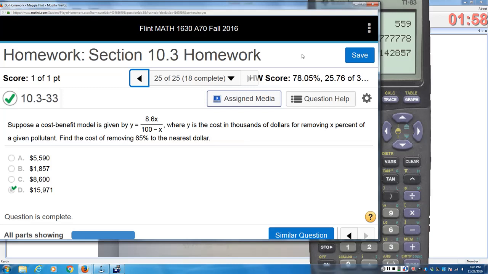What 10.4 and 10.5 actually cover: 10.4 covers exponential functions, and exponential functions are like this. Okay? Those are like this or like this.